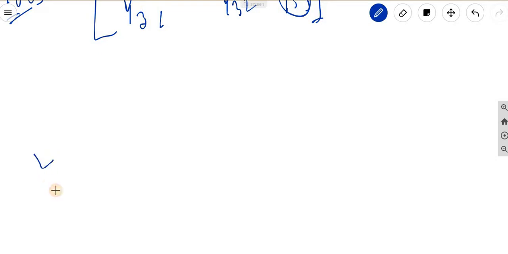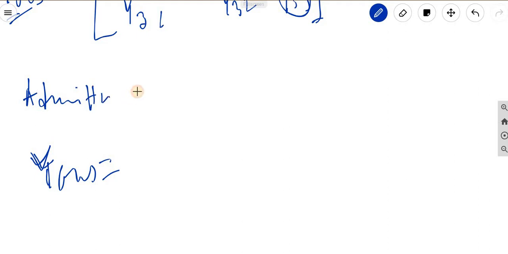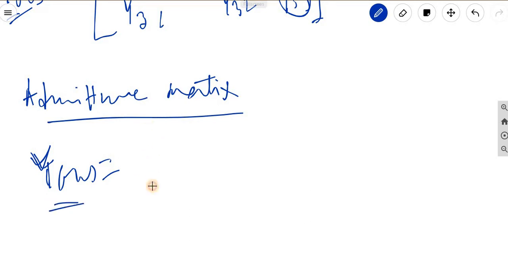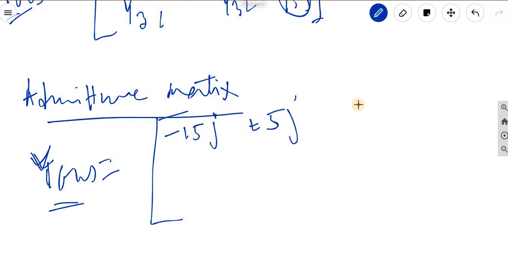So finally, what would be the matrix? Finally the matrix is the admittance matrix. Here Y bus, admittance matrix or Y bus is minus 15j, 5j.